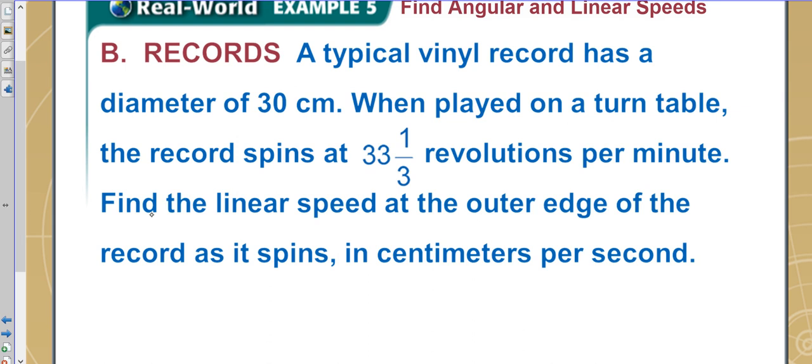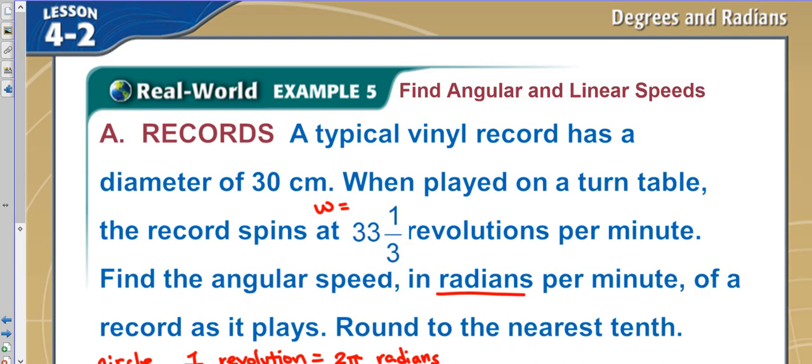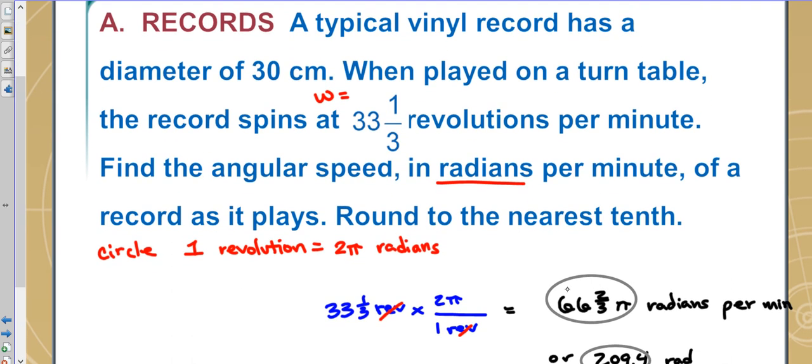Now it says a typical vinyl record has a diameter of 30 centimeters, just like all this information is the same. It says find the linear speed at the outer edge of the record as it spins in centimeters per second. So we just found out how fast this goes around per minute on this problem.